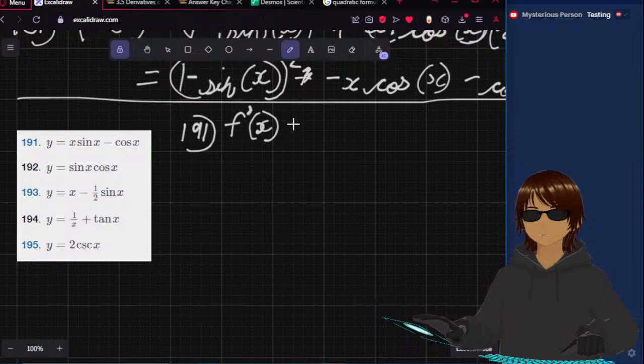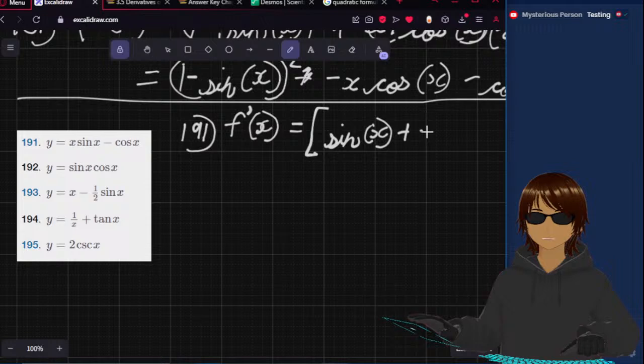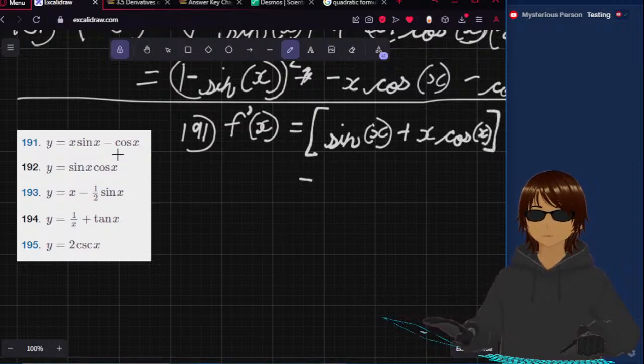The derivative of the first times the second plus the first times the derivative of the second, then this is minus sign.